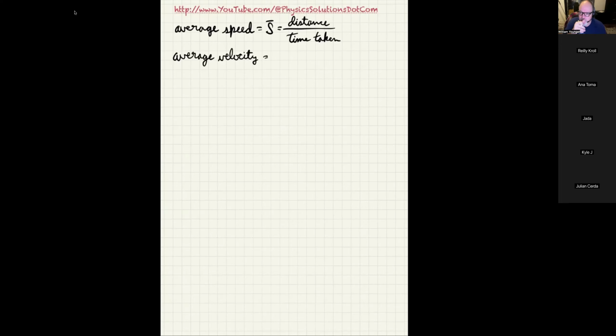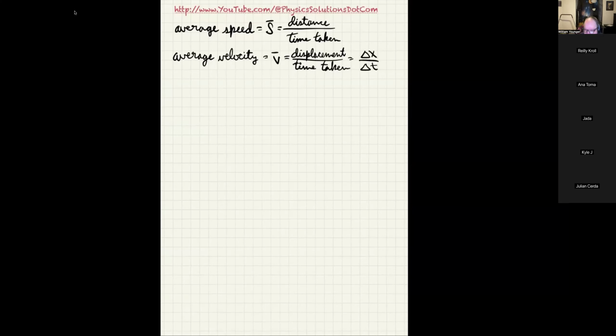In this case, since it's one dimensional, it's just going to be a positive sign if it's going in the direction you chose, the positive x direction, and a negative sign if it's traveling in what you chose as the negative x direction. That is written as v with a bar over it, and it's the displacement divided by the time taken. That translates to delta x over delta t.